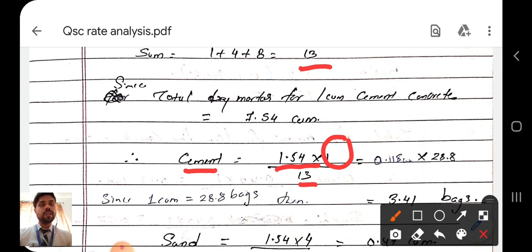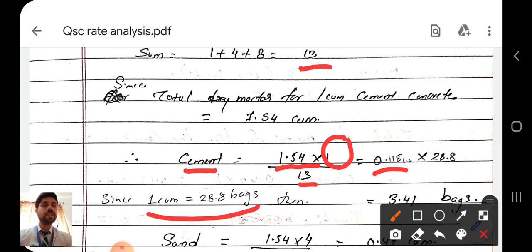And now as we know, cement is always purchased in the number of bags, so we have to convert this value 0.118 into bags. If 1 cubic meter is equal to 28.8 bags, then how many bags will 0.118 cubic meter be?